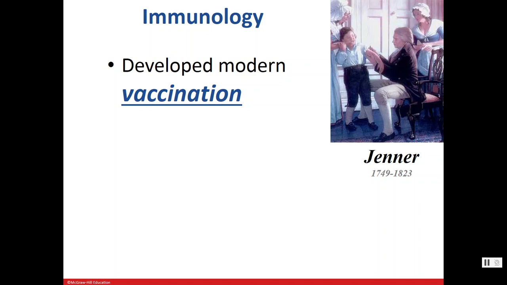It turns out now we understand there were a lot of different strains of the virus, some of which were very mild. Those people did develop immunity and never got the disease, the really virulent form. But some people got the virulent form and it killed them. So variolation was a dangerous sort of gamble.